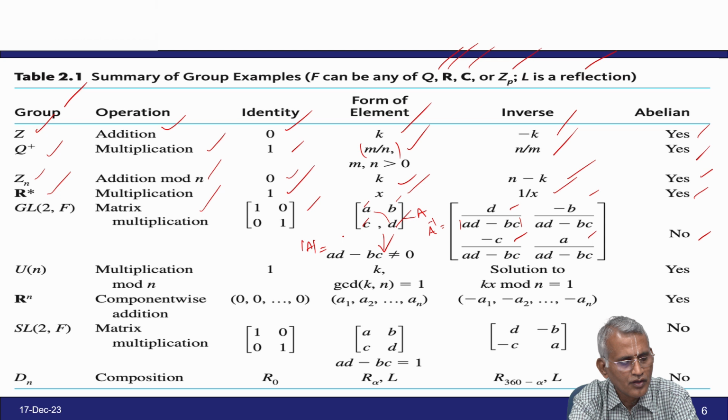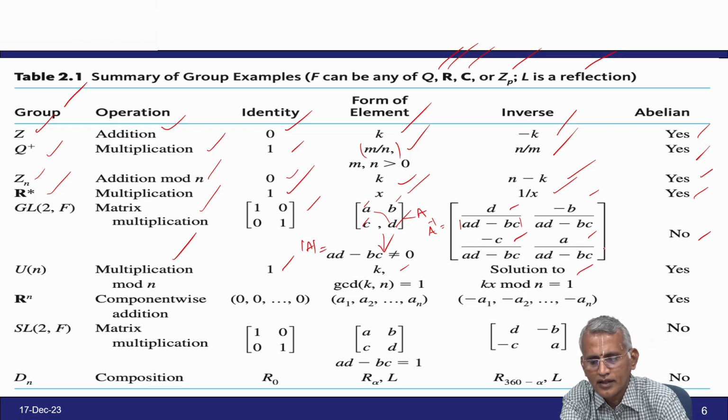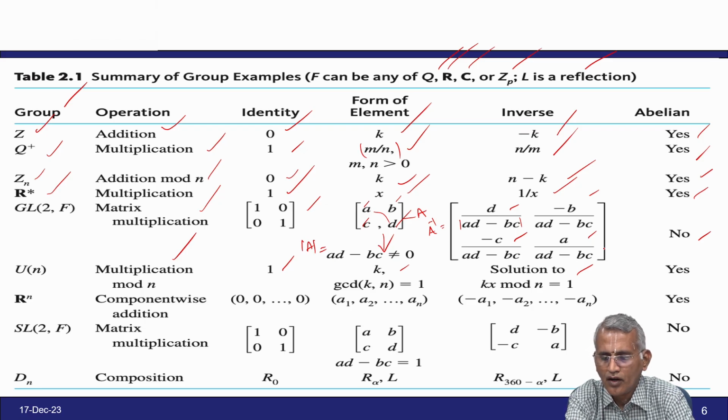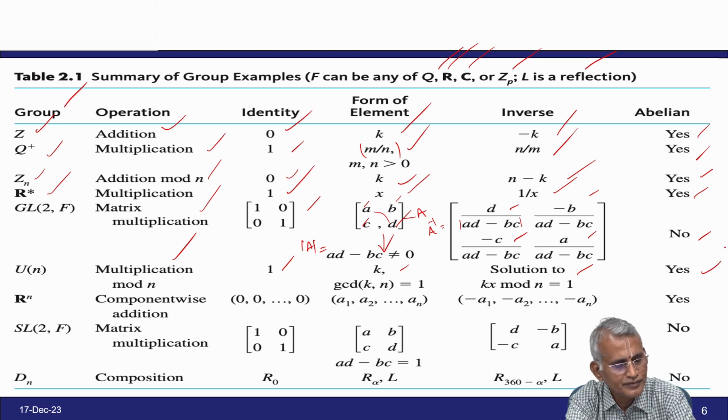Now, for U n, it is multiplication modulo n, and except 0 everything is okay, with identity 1. Under integers modulo n, as we studied in unit 2, check the linear Diophantine equation kx modulo n equal to 1, and it obeys the abelian property.